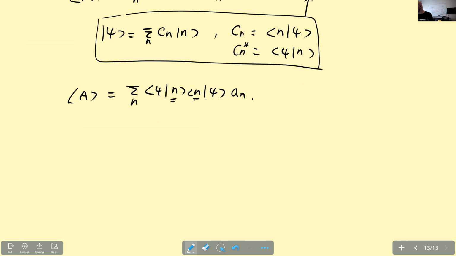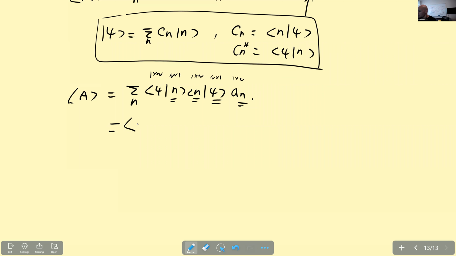This one depends on m, this one depends on m, but this one does not depend on m. Remember this is a 1 times n matrix, this is an n times 1 matrix, this is a 1 times n matrix, this is an n times 1 matrix. This is 1 times 1 or n times n. It's up to you, right?